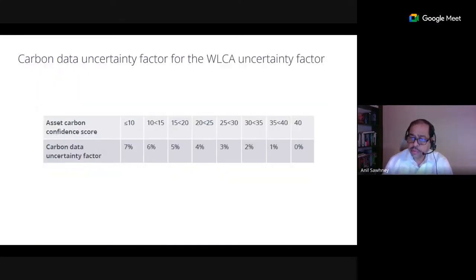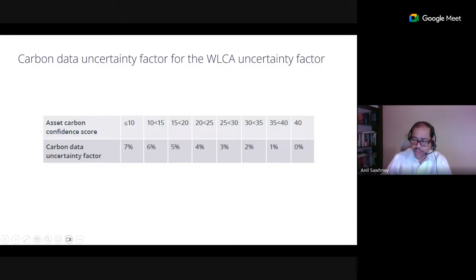Then, once you have your carbon confidence score for the weighted average top 10 embodied carbon materials, you will then assign a carbon data uncertainty factor.